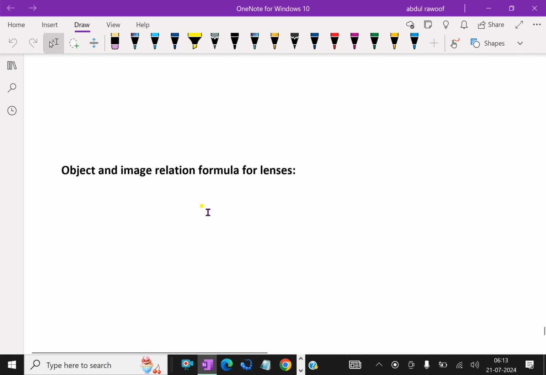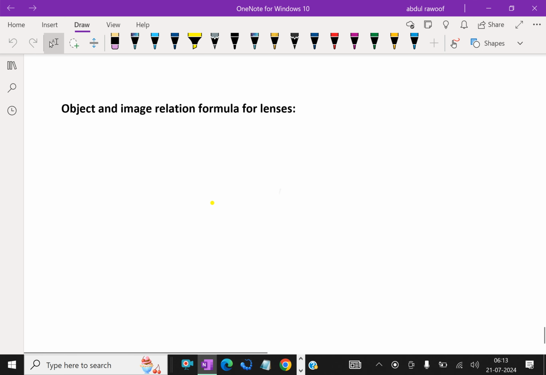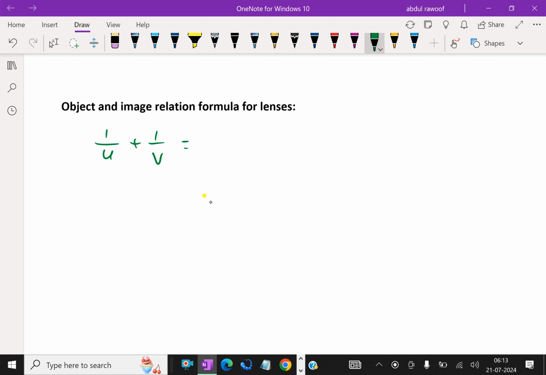Now, next we will discuss the object and image relation formula for lenses. Here we know this formula. We'll write one more time here: 1/u + 1/v = 1/f.